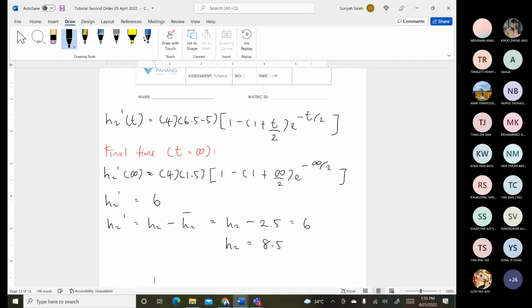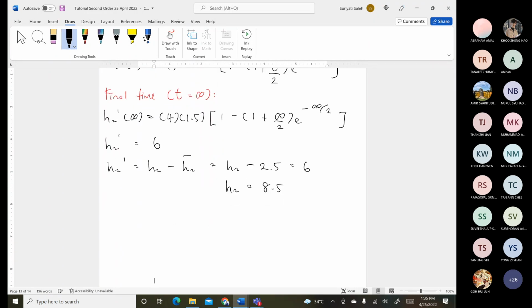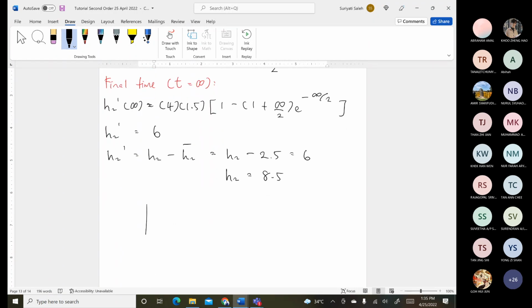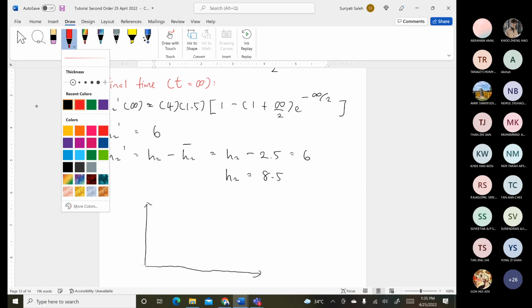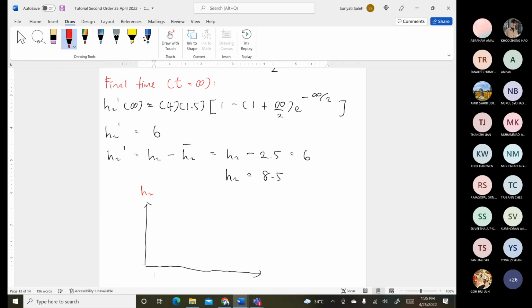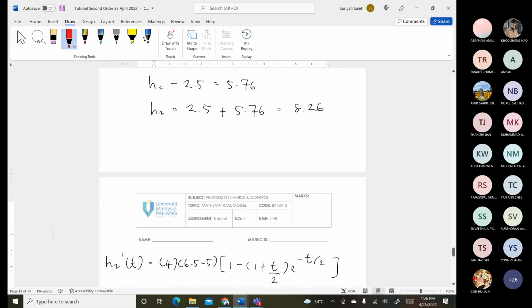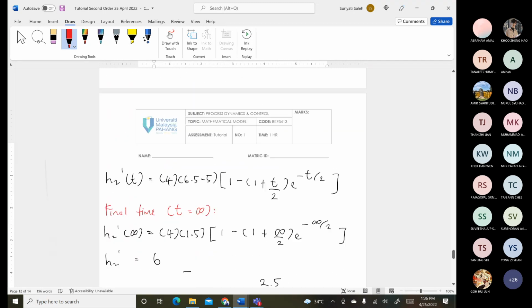So when we try to observe the behavior, let's say this is your graph for the H2 against time, where you start at 2.5. So this is time 0. When time is 10 seconds, it gets to 8.26.